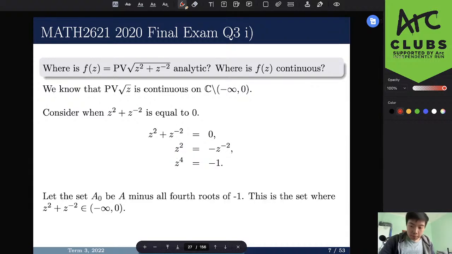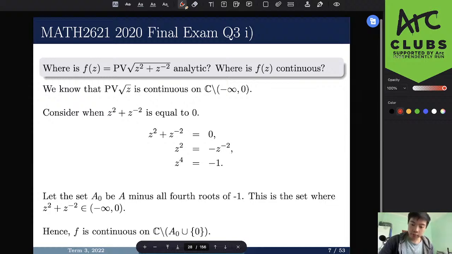So let A0 be A, not including the fourth roots of unity of minus 1. And so what we get is the set where z squared plus z to the minus 2 is on the negative imaginary axis, and it does not include 0.